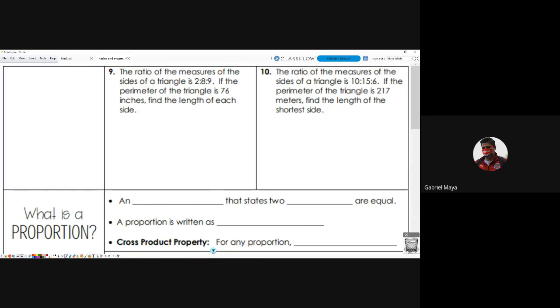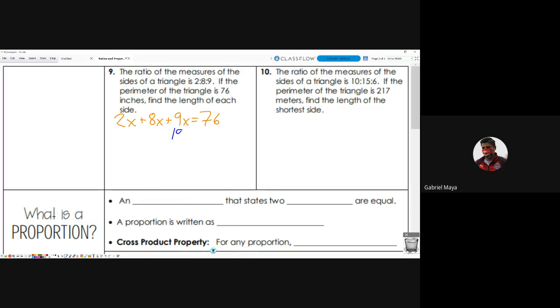Okay. So here's the thing. The perimeter is 76 inches, and remember, perimeter is when you add the side lengths. So it's going to be pretty similar. So 2x plus 8x plus 9x equals 76. 2x plus 8x plus 9x is 19x.